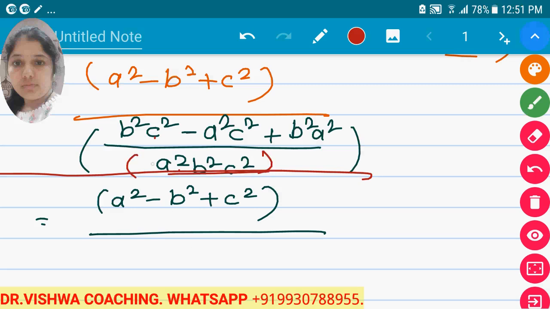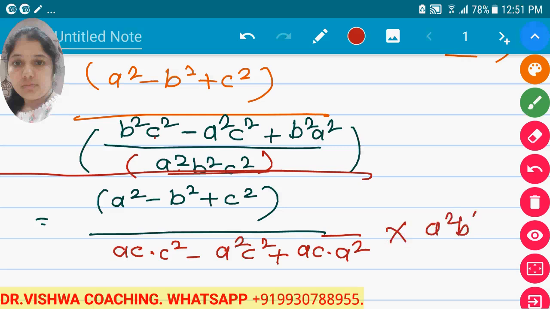So if we put AC instead of B square, it is multiplied with C square. A square C square will remain the same, and this B square again becomes AC, multiplied by A square B square C square.